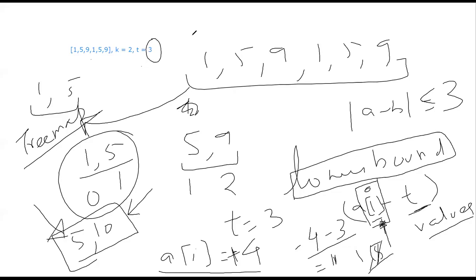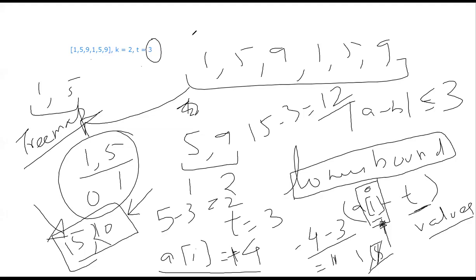Then you get 5, and 5 minus 3 is equal to 2, right? Now let's assume we have 15 and 20. What will happen then? We'll get 15 minus 3, which is 12, right? Which is not within the range. Yeah, if it's not in the range, we can go to the next window.